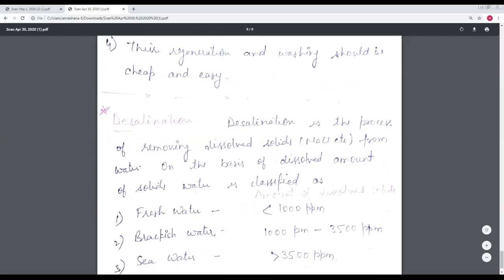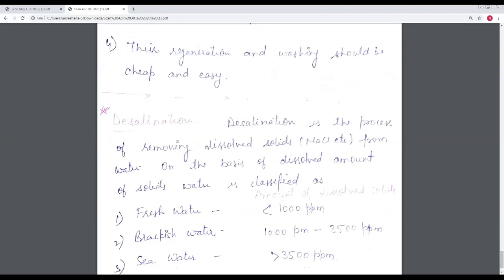As we know, according to the classification of water based on salinity, it can be divided into three parts. The first is fresh water, the second is brackish water, and the third is sea water.